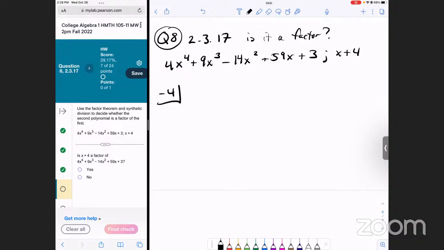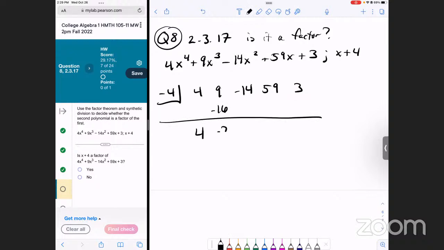Our coefficients are going to be 4, 9, negative 14, 59, and 3. We started with the degree 4, so we should have 5 coefficients, 1, 2, 3, 4, 5. So we're good to go there. Okay, the 4 comes down. 4 times negative 4 is going to be negative 16.